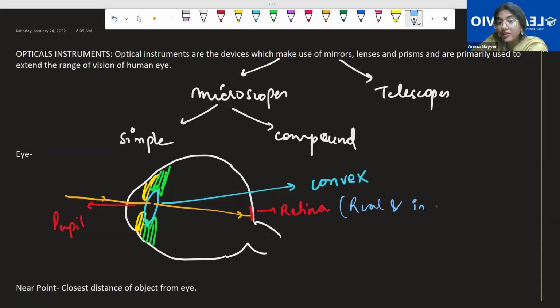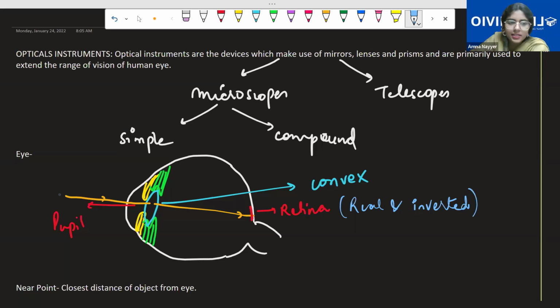Now, if everything is visible to us as real and inverted, okay, no problem with real, but inverted, how will we be able to function? I hope you remember, blind spot is there, fovea is a pit in the eye, lots of things are there. Aqueous chamber with aqueous humor, vitreous chamber with vitreous humor and all, those are not required in physics.